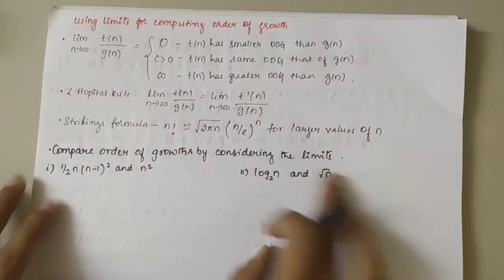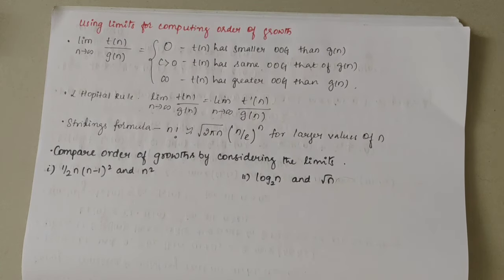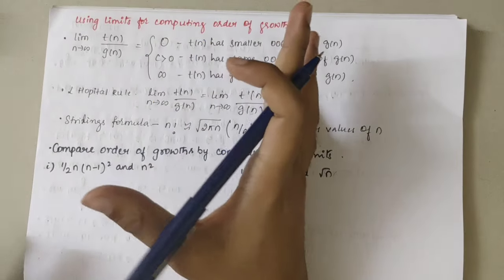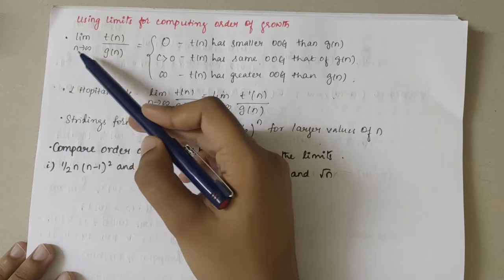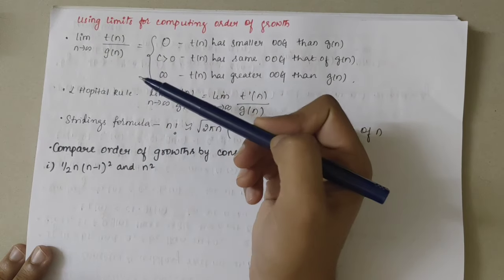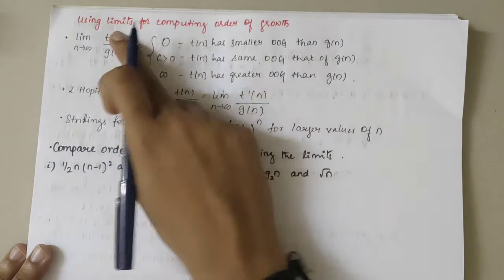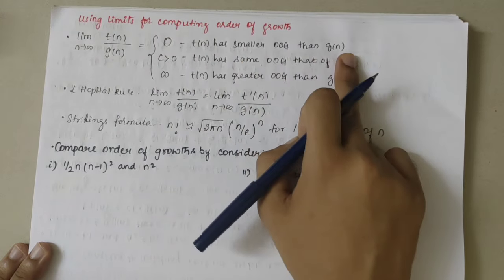Next we have using limits for computing order of growth. So when we have two equations, how will we compare the order of growth? That will be discussed here. If it is of the form limit n tends to infinity, t of n by g of n, we need to take the two limits and write it in this form. If it equates to 0, then t of n has smaller order of growth than g of n.